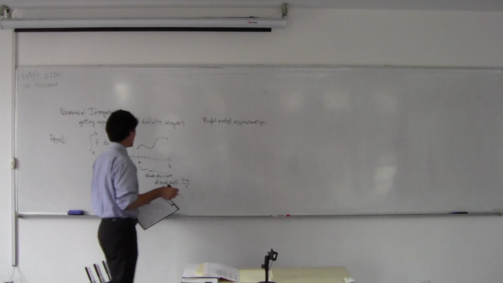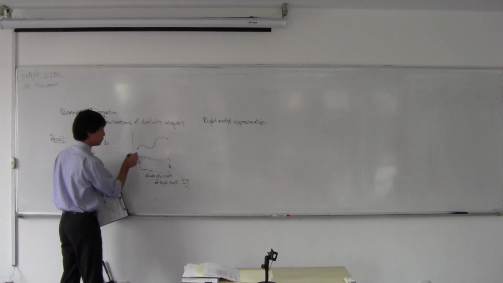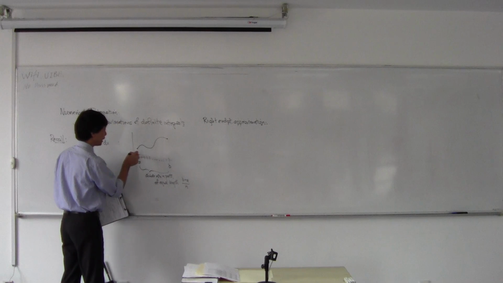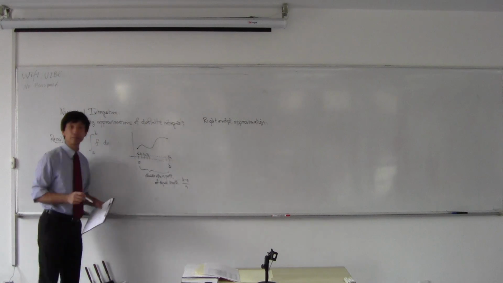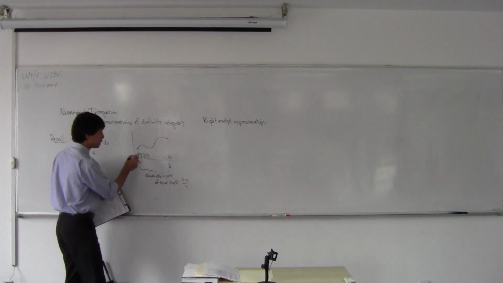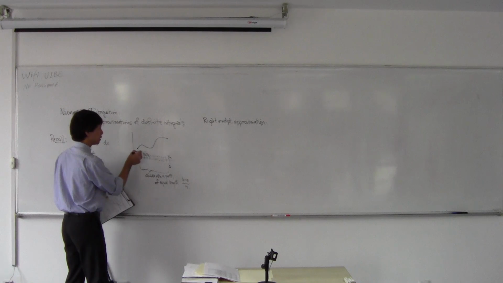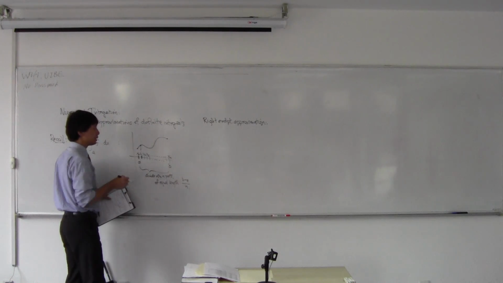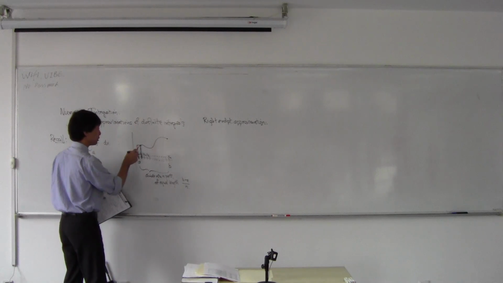For each of these points, let's call them x0, x1, x2, x3, all the way up to xn, on each of these intervals you take the right endpoint and evaluate the function there, and then you make a rectangle of that height.